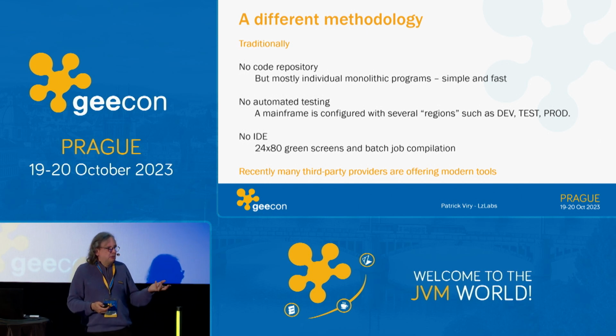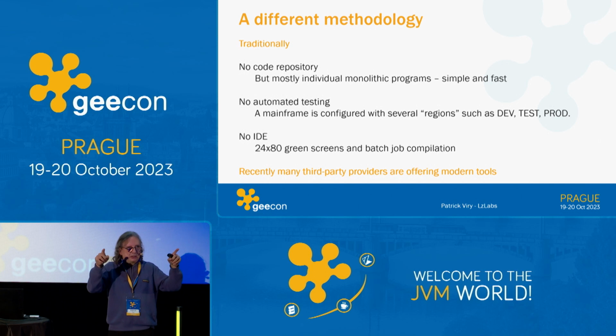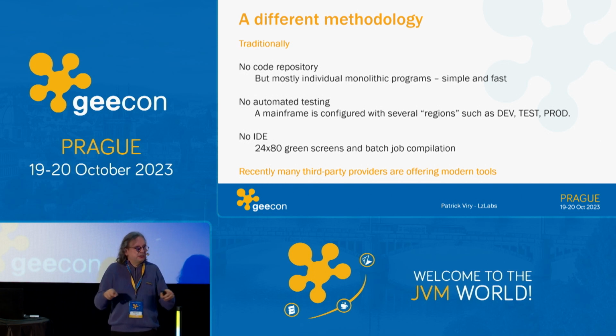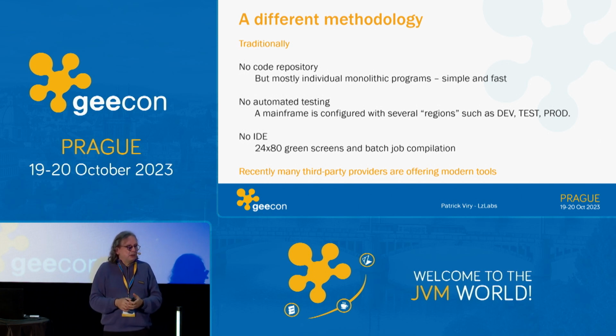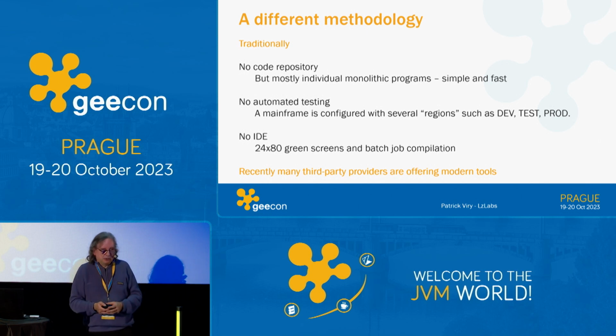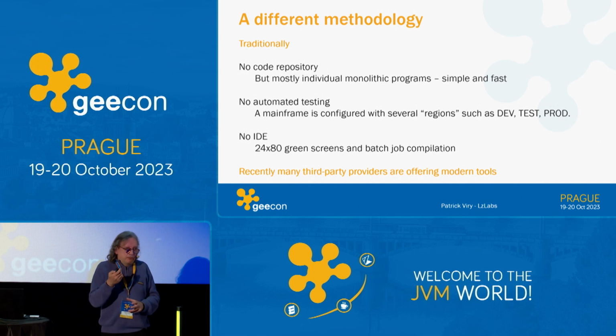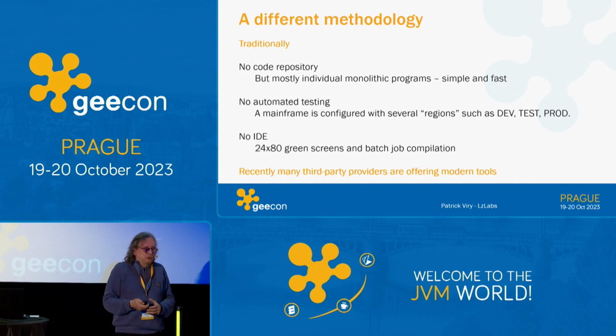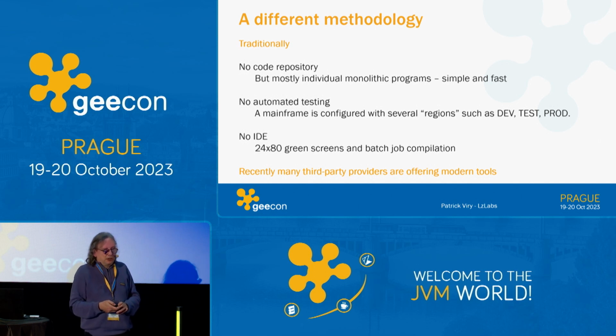Traditionally, they also don't have IDEs. The only thing that they have is the green screens, 80 columns by 24 lines. And people who are used to this are actually quite efficient. You don't have to code this way, because a lot of third-party providers are offering modern tools.